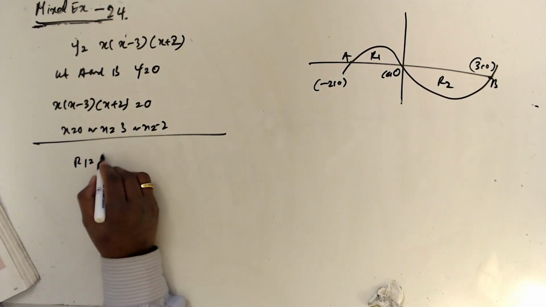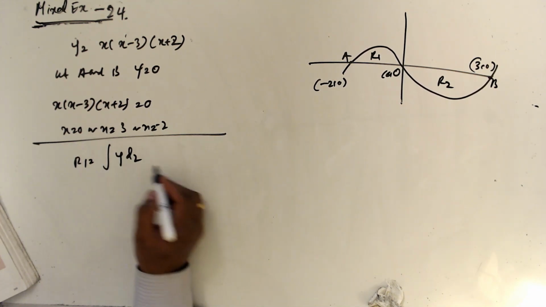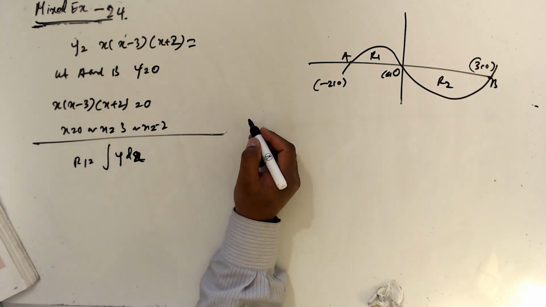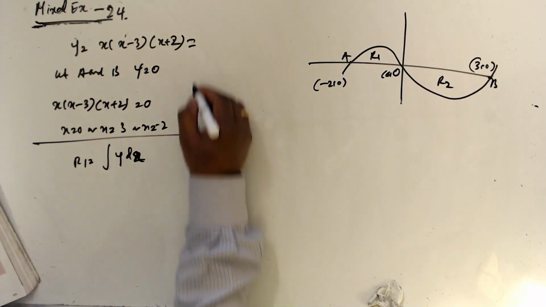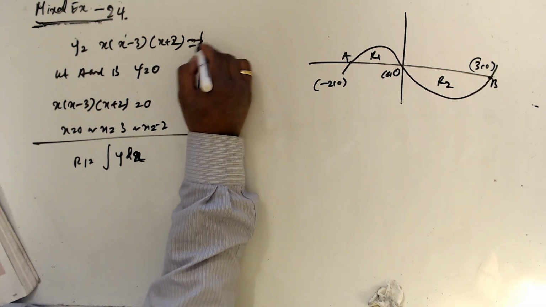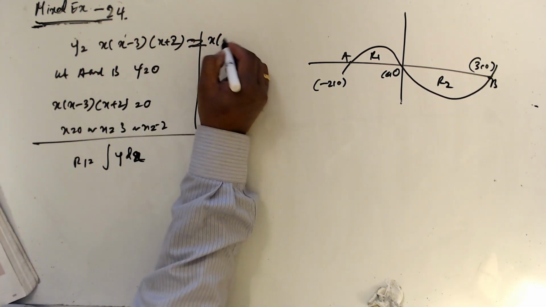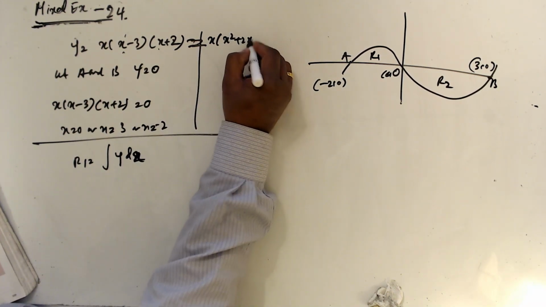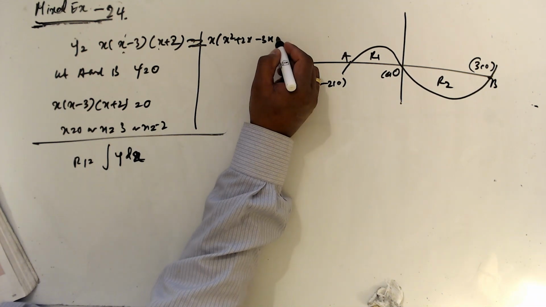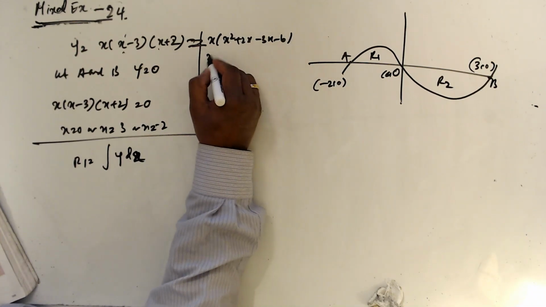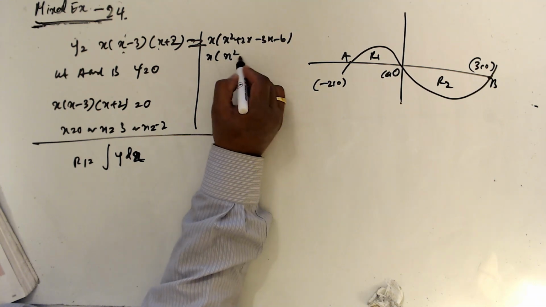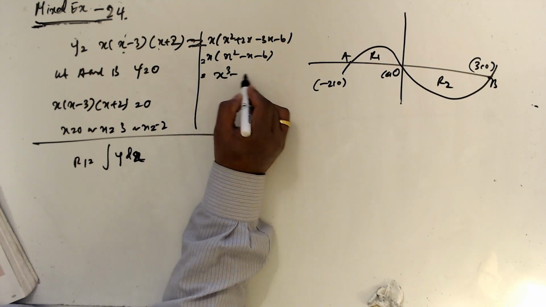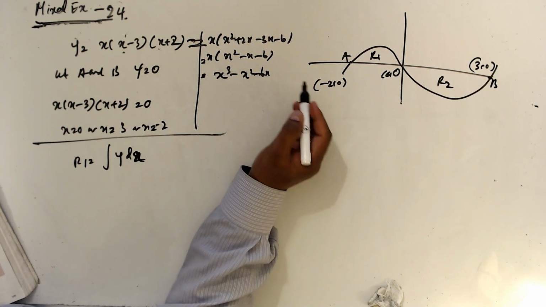So R1 equals y dx. So we have to expand this one. Let's expand here. So x times, this is going to be x square plus 2x minus 3x minus 6, x times x square minus x minus 6. This is going to be x cubed minus x square minus 6x.